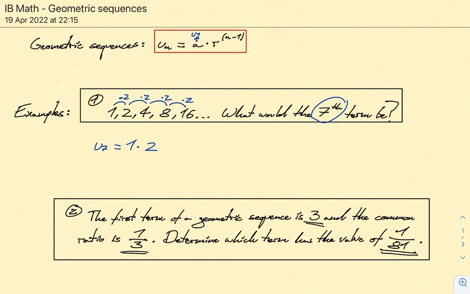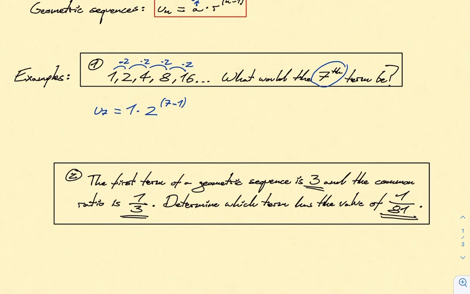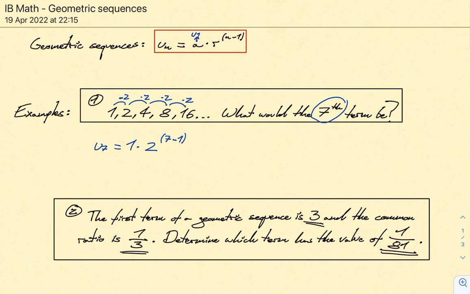We've already seen this here. Times 2 to the power of 7 minus 1. Because the term we're looking for is the 7th term, it's in the 7th position, but we have to subtract 1 as the formula indicates.